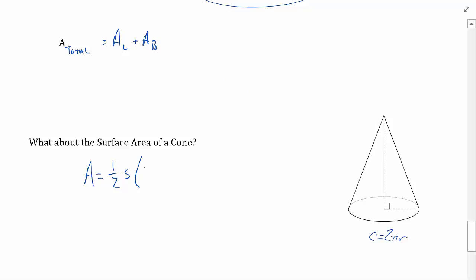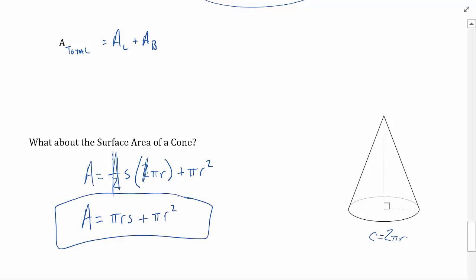So this is 1/2 S times 2 pi r. That's the lateral area plus the area of the base, again a circle, pi r squared. In the left here, something nice happens. A half times 2, those two will cancel each other out, and so our formula simplifies to pi rs plus pi r squared for the surface area of a cone.